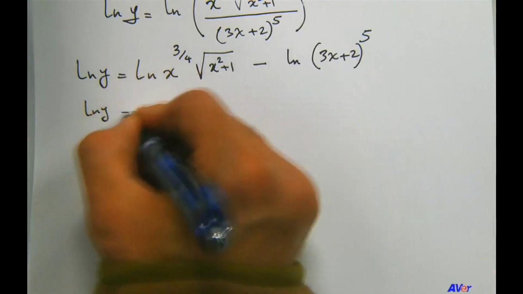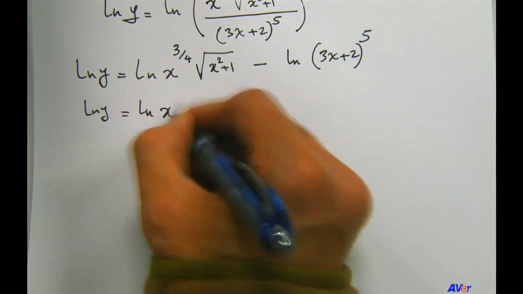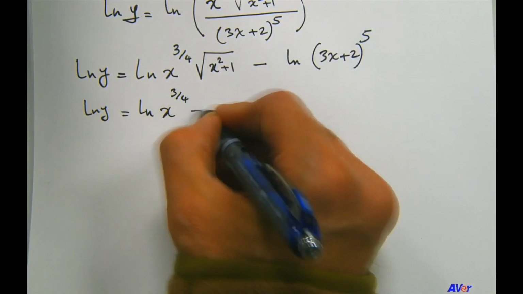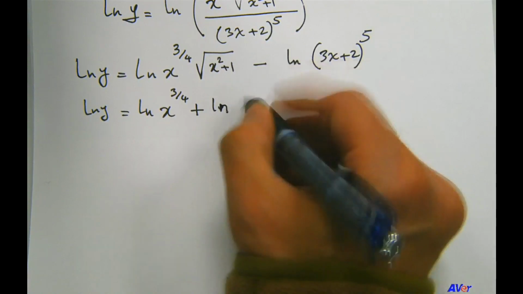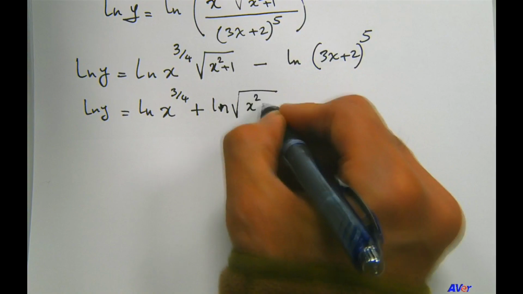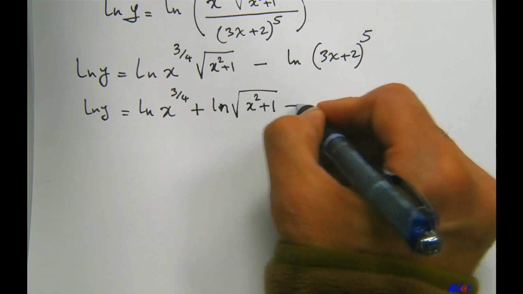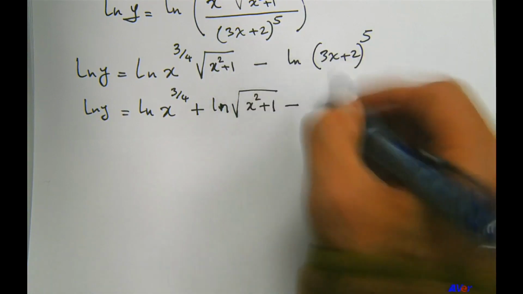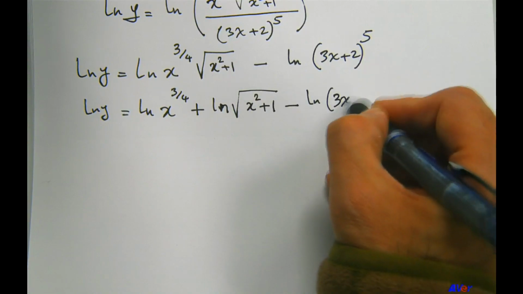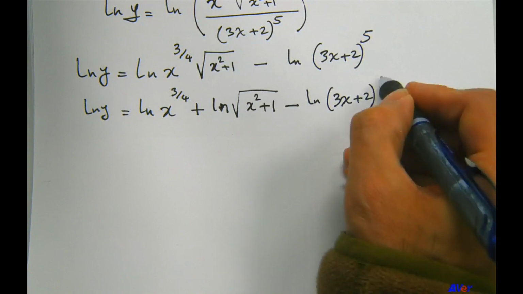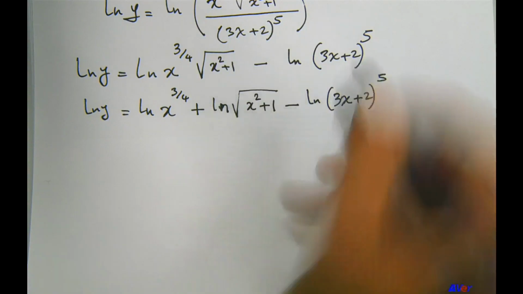So let's do that. Natural log of x to the 3/4 power plus natural log of the square root of x squared plus 1, minus that whole thing. So I'm doing this step by step just so everybody can keep track of this, but you don't have to. You can jump ahead, right?